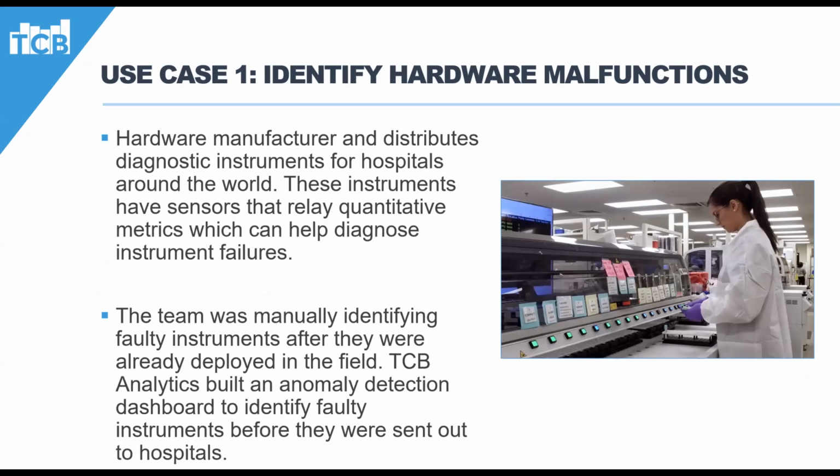So previously, the team was having to manually identify when an instrument would fail, but it was already deployed in the field, already being used at hospitals. And then they'd have to not only do a retrospective analysis on the data, but obviously we want to catch those before they get sent out into the field. So we thought that this was actually a perfect fit for anomaly detection.